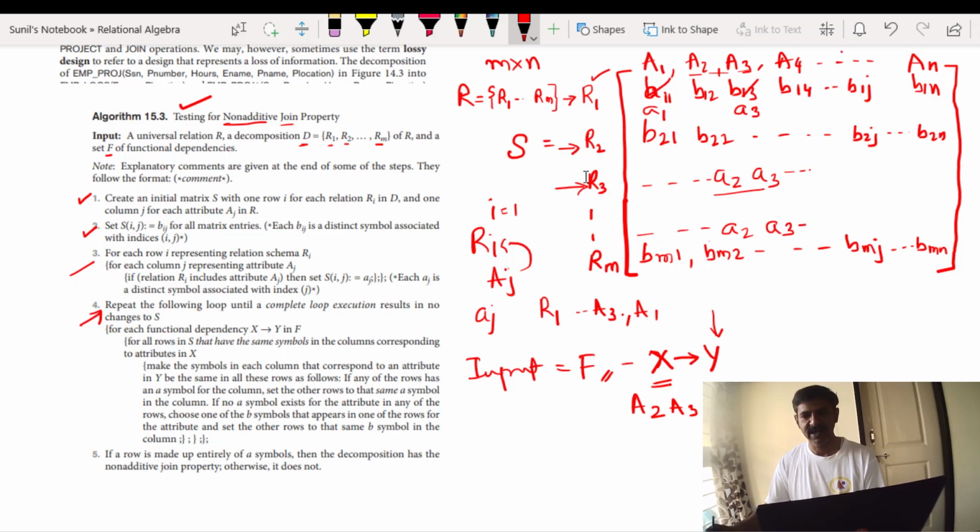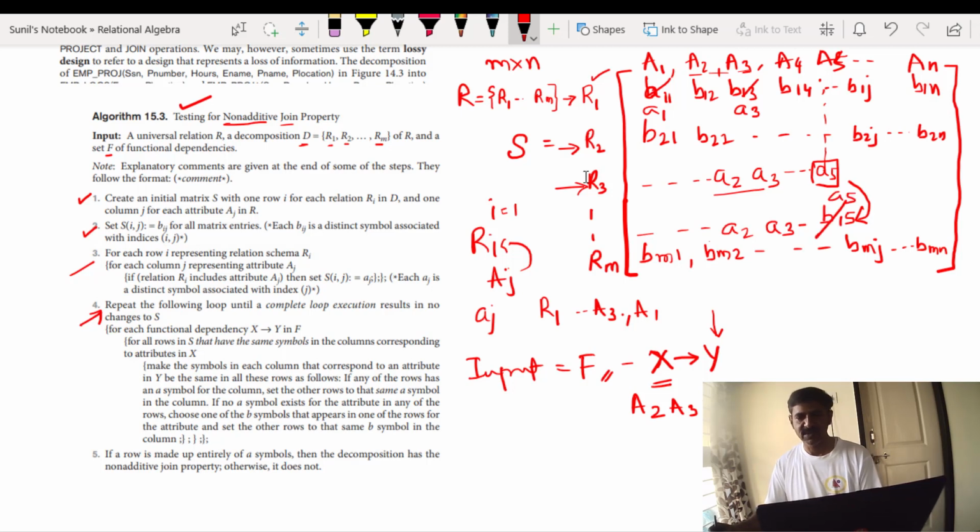That is A5 somewhere here. If this particular row contains an A5 and the other is still bi5, or bij, then this bi5 has to be replaced by A5. So you have to cut this and put A5 here.